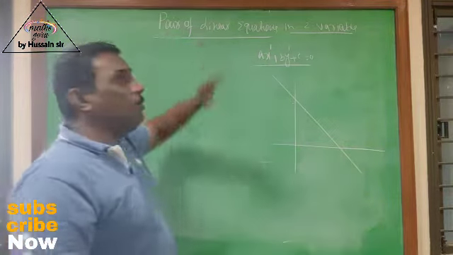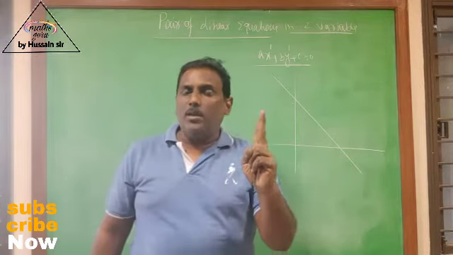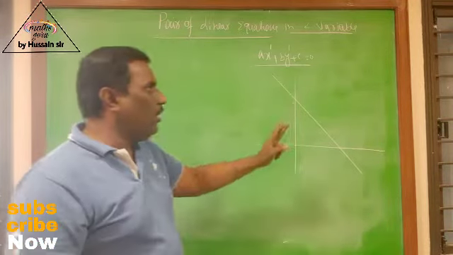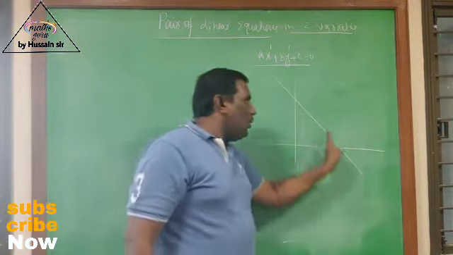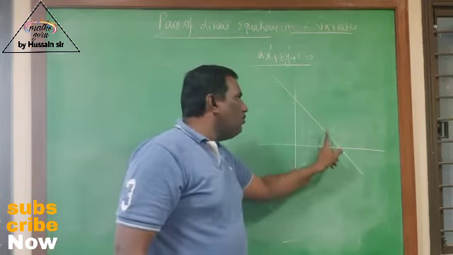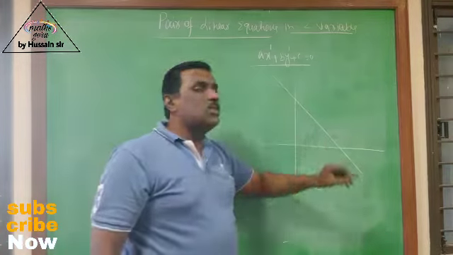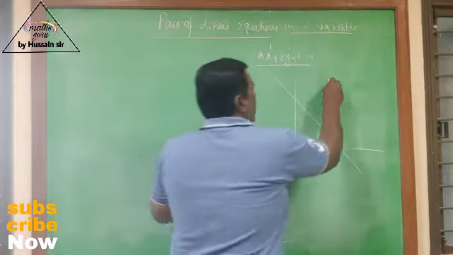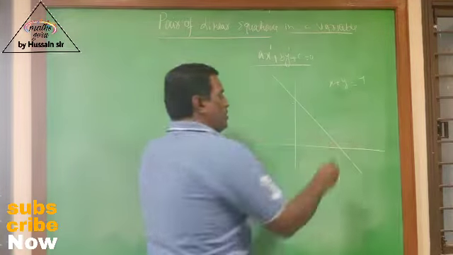When we talk about a pair of linear equations, pair means two straight lines. So when we draw the graph for two equations, we will get two lines. For one line, every point on the line is a solution of its equation. Every point on it will satisfy the equation. For example, x + y = 7.